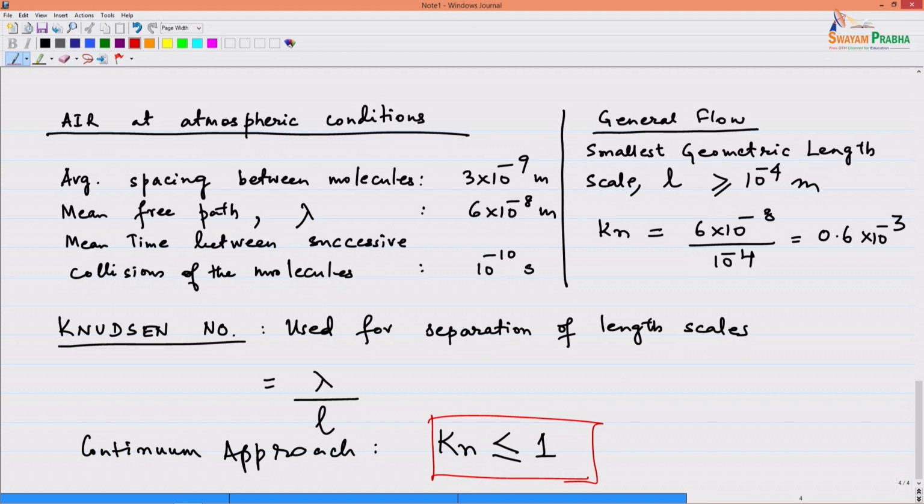What does that mean? If it was equal to 1, then lambda would be equal to L, right. That is, mean free path is equal to the geometric length, right, but it is less than 1. So, lambda is less than L, right, which means the geometric length has to be at least higher than the mean free path, right.